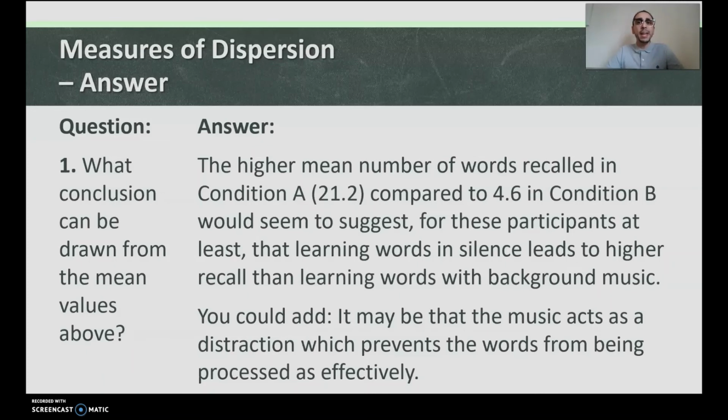You could add, it may be that the music acts as a distraction which prevents the words from being processed as effectively. Okay, you can make some assumptions based on that.